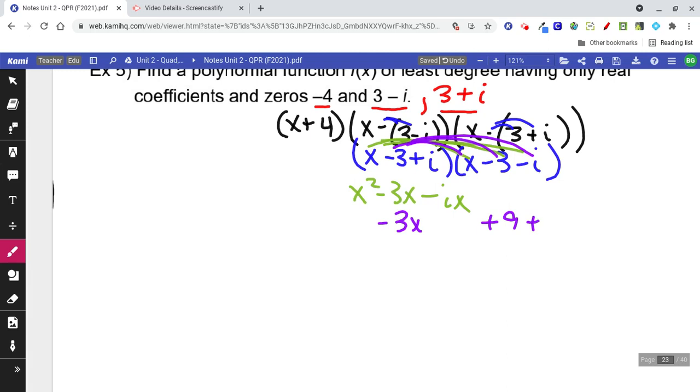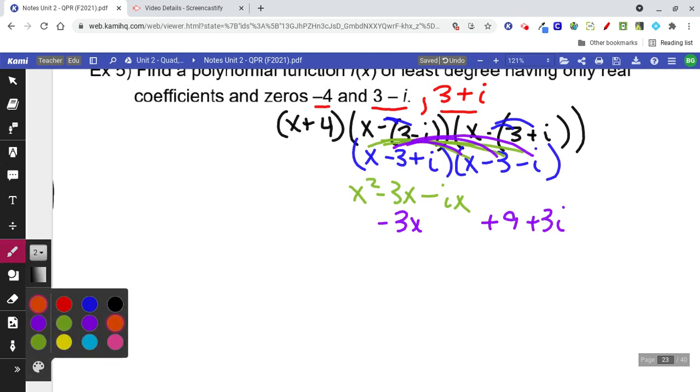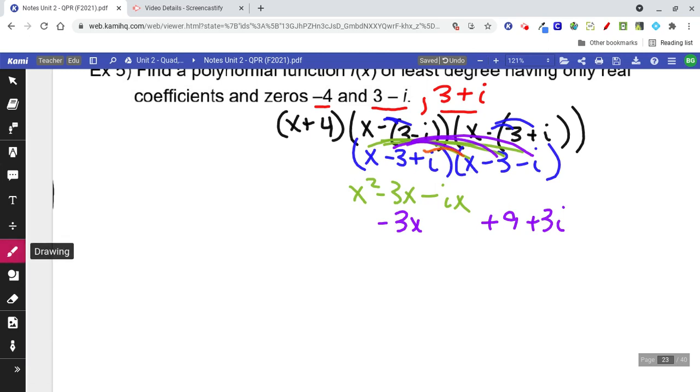and plus 3i. Notice how I wrote this down. I'm just trying to line up like terms, so it's easier to collect here in a second. Now I distribute the i, 1, 2, 3 times. That's going to give me plus ix minus 3i minus i squared.